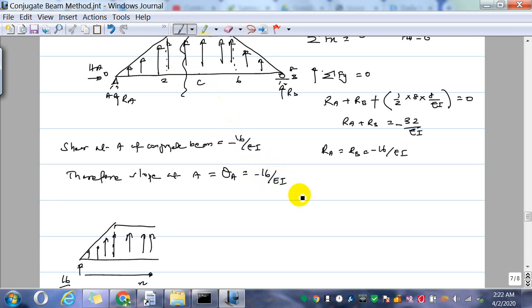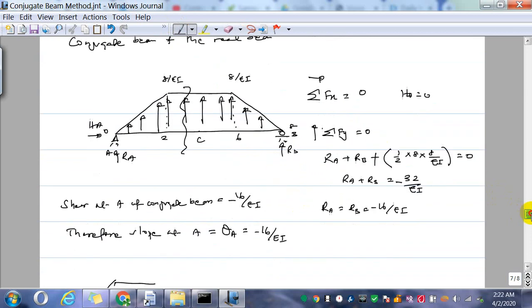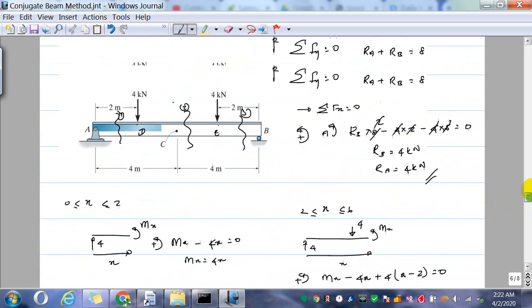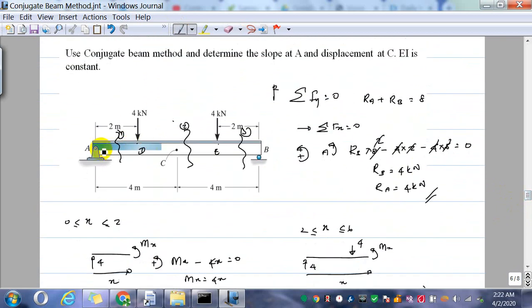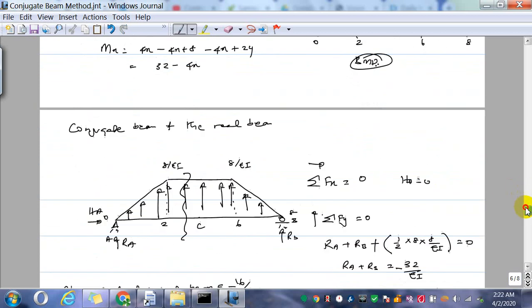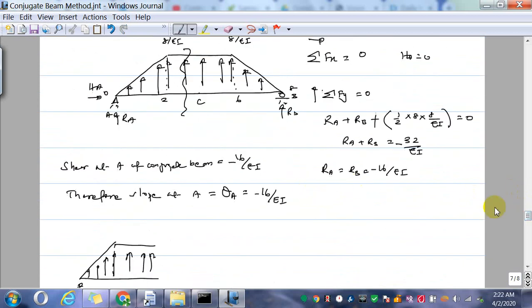That means a clockwise slope at A. So now for example, if you take the real beam, it bends like this. So the rotation is clockwise. That is what this minus 16 over EI means.